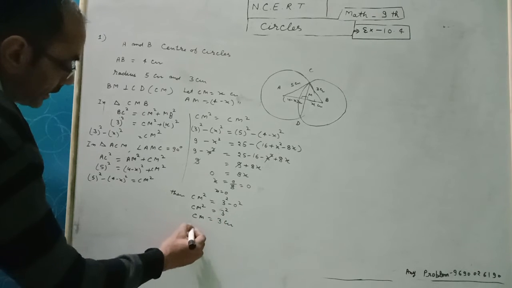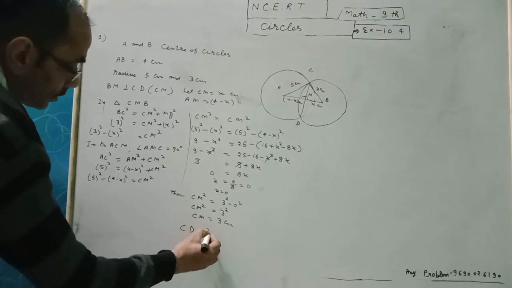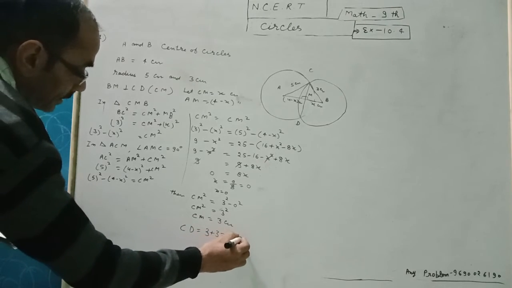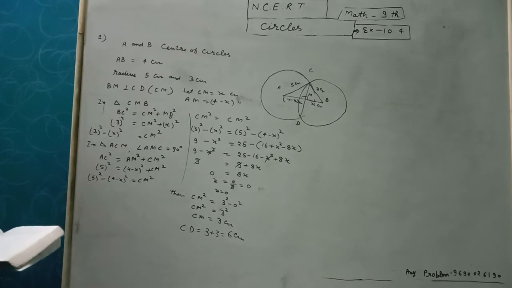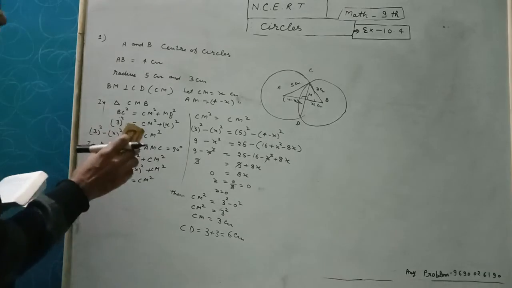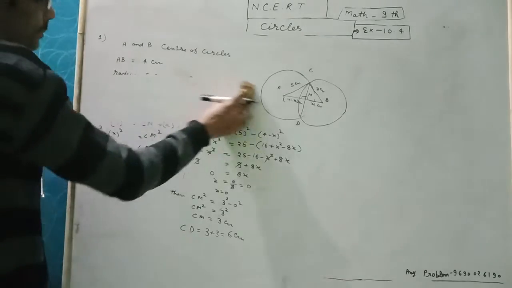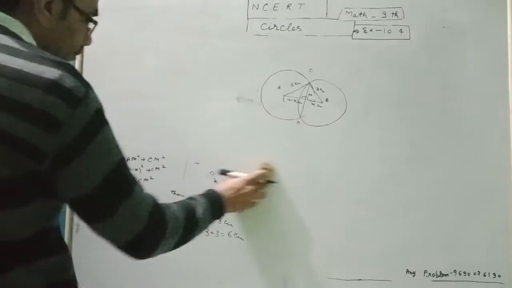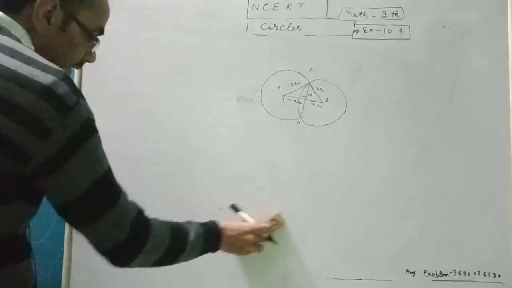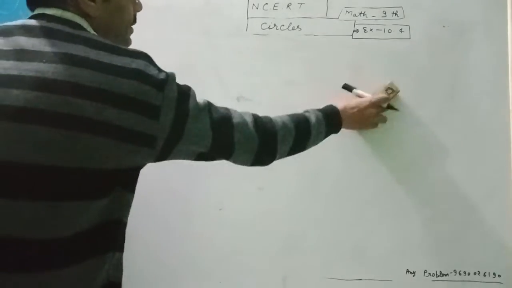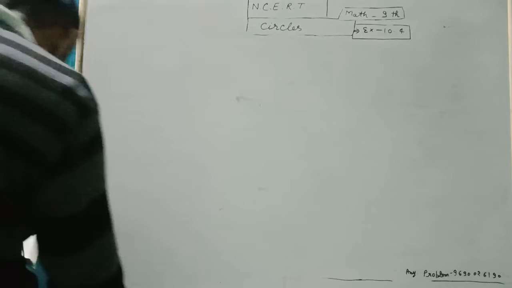Then CD is equal to 3 plus 3, which is 6 cm. We can solve the question this way if the situation is this type. Actually, this figure is not accurate in numbering questions.